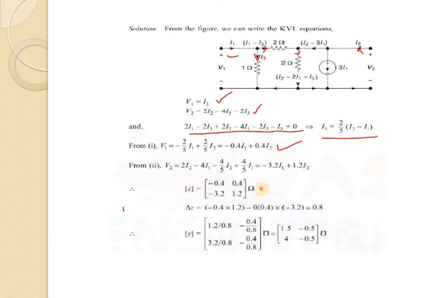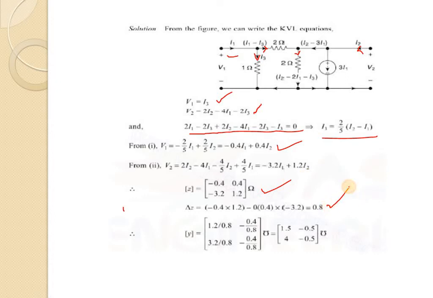So from these relations we can write that Z11 equals minus 0.4, Z12 equals 0.4, Z21 equals minus 3.2 and Z22 equals 1.2 ohm, where del Z equals minus 0.4 into 1.2 minus 0.4 into 3.2, that is 0.8.